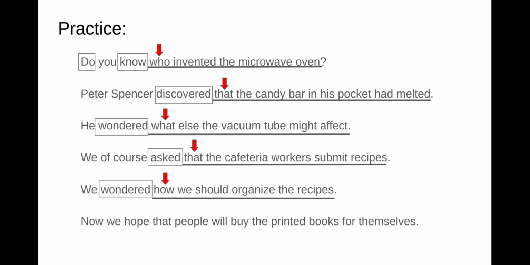Here we have, which word for your main verb? We did what? I hope you said hope. All right. Now, what do we hope about? Find that introductory word. We hope that, now we go to the end of the sentence, that people will buy the printed books for themselves. That is your clause acting as your direct object.